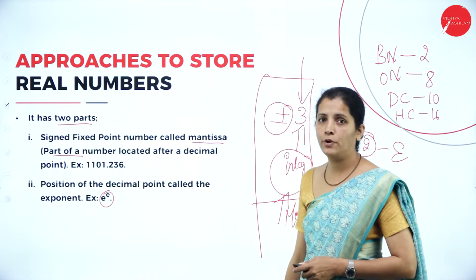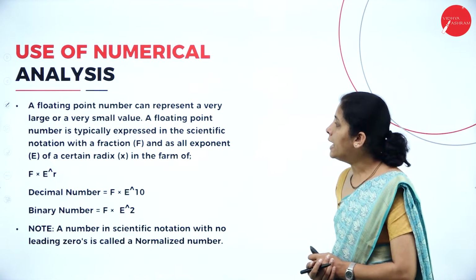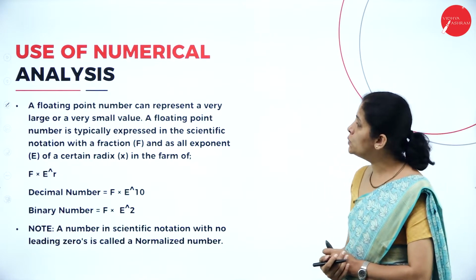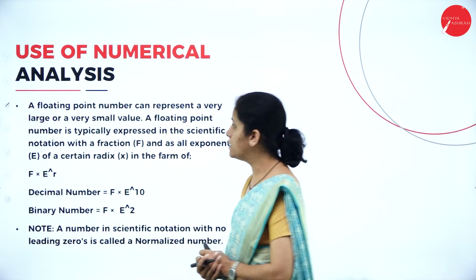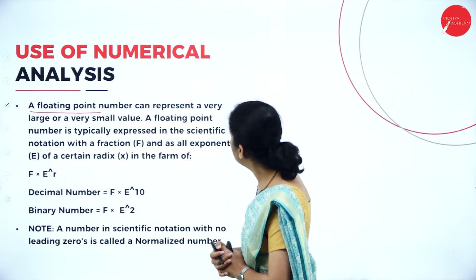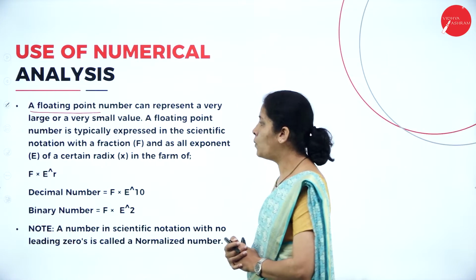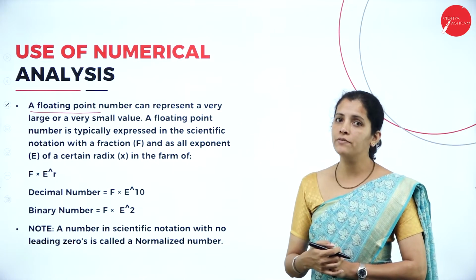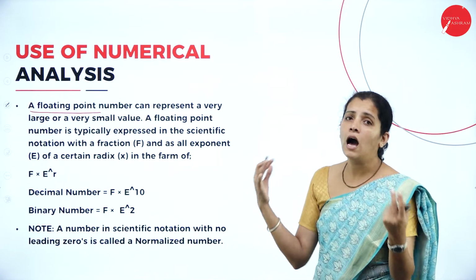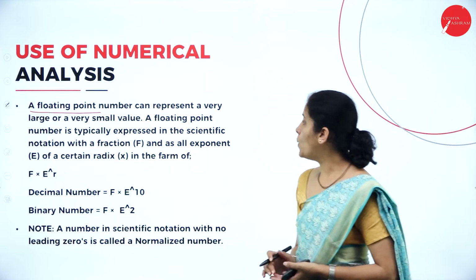Now, use of numerical analysis. That means how I am able to use numerical analysis. A floating point number can represent a very large or very small value. That means by using floating point numbers, I am able to represent large values, and even small values.